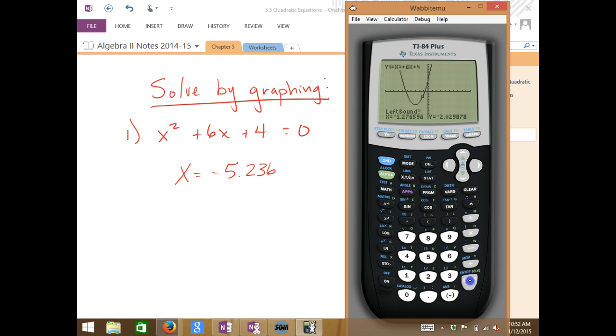Okay, so left, I hit enter. So now it says to go to the right. I'm going to go to the other side of the x-axis, which is going to be above. And then hit enter. Okay, are your two arrows pointing at each other?